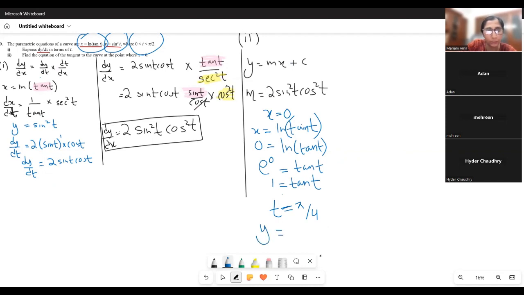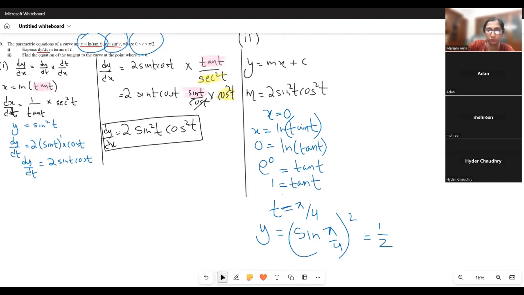So y would be sine square t. I'm writing sine pi by 4 whole square, because that's how you enter sine square in the calculator. Radians, bracket sine pi by 4 bracket close whole square, that gives half.